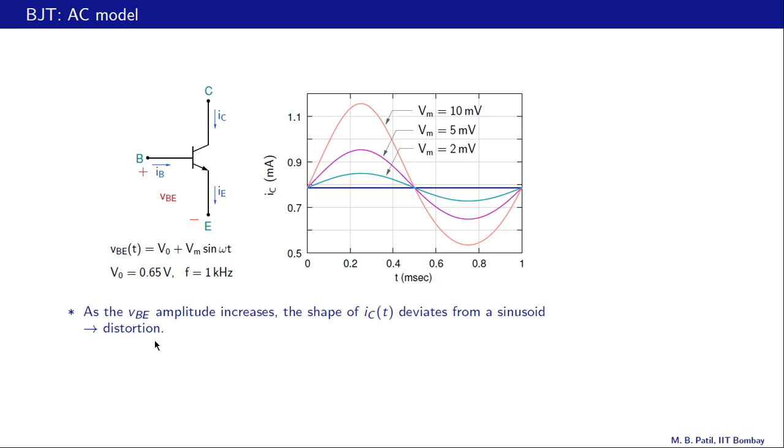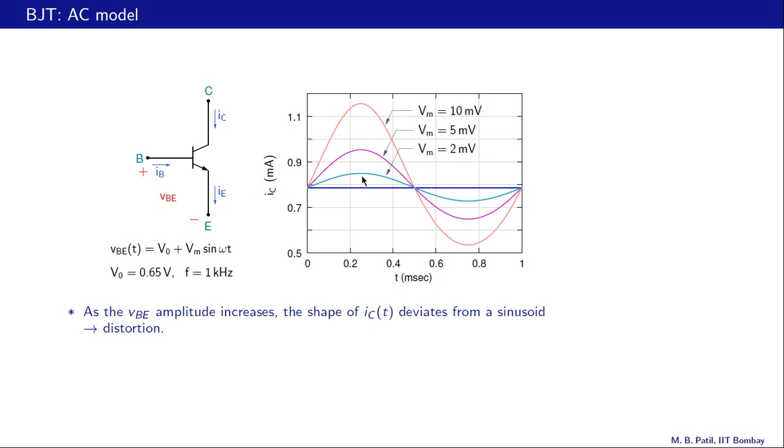Now suppose we were to write an equation for this IC of t, only the time varying part of this IC of t. What would that look like? It would be sinusoidal, and its amplitude would be that height over there.